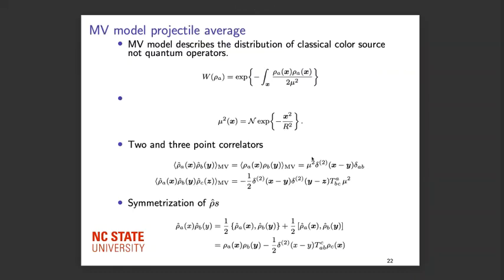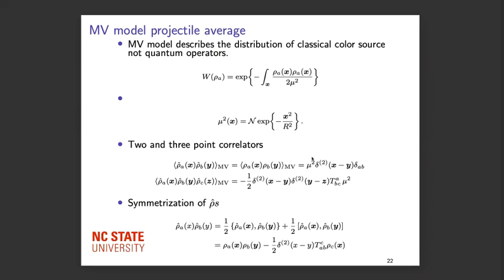In a similar way, we average in the MV model. Now there's a slight complication: those rho in our cross sections are operators, they're color charged, they don't commute. But we said we use a classical source to average them, so we have to perform a symmetrization. Only the fully symmetrized expression can be averaged with a classical source.